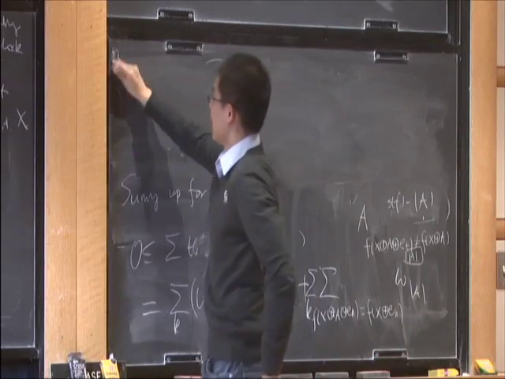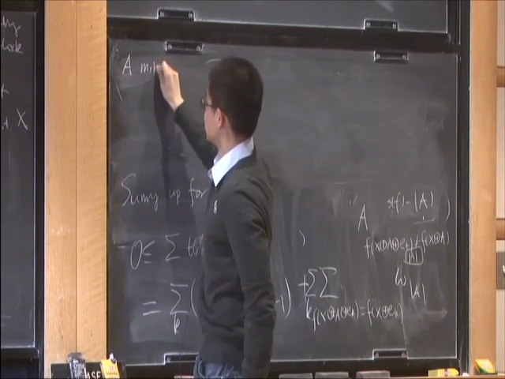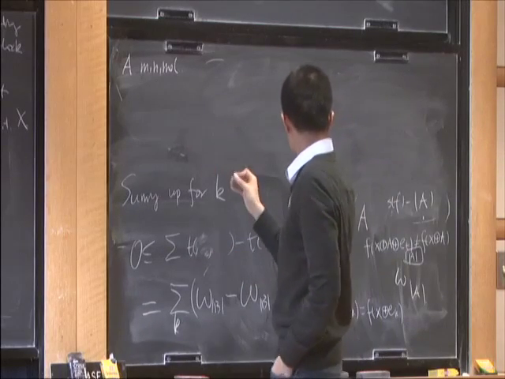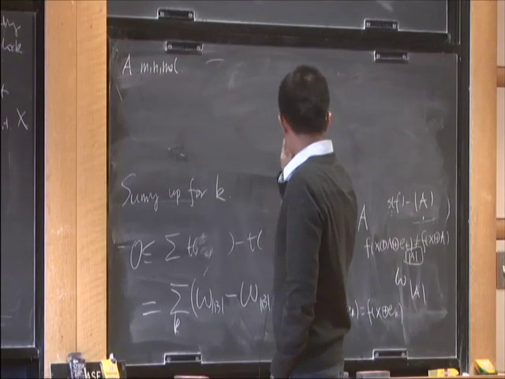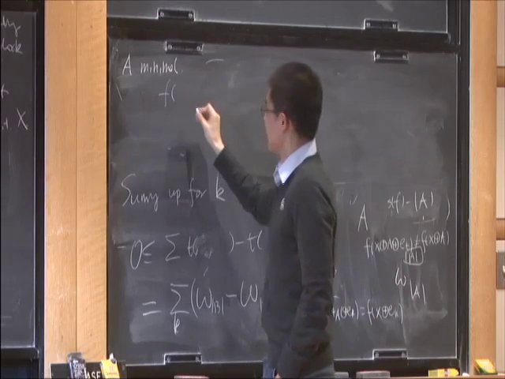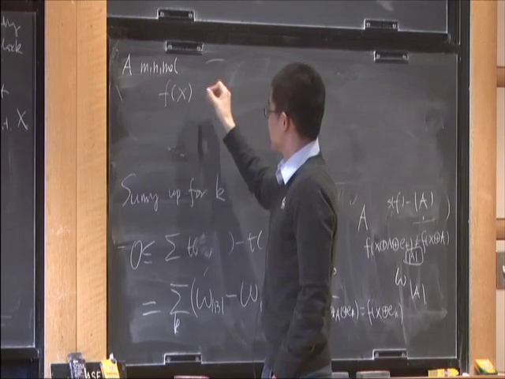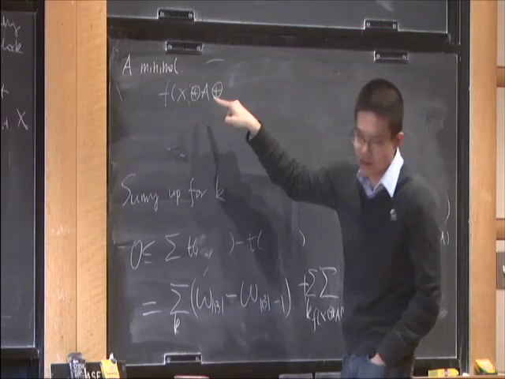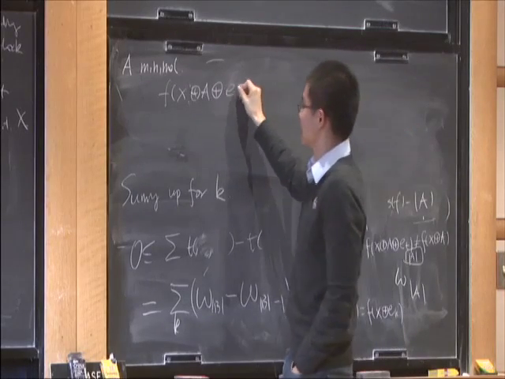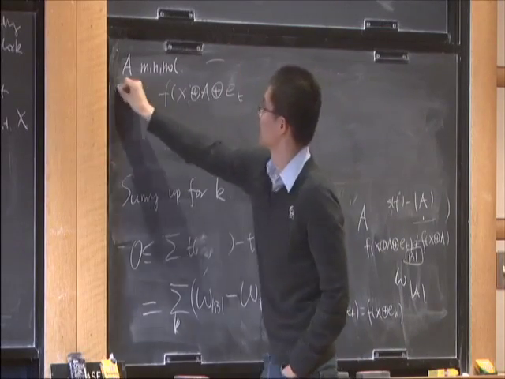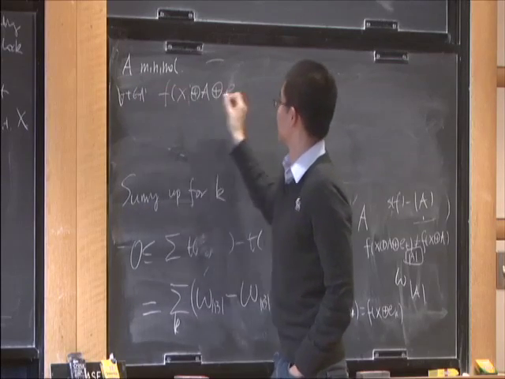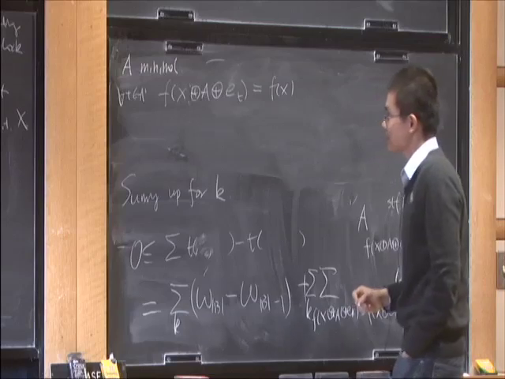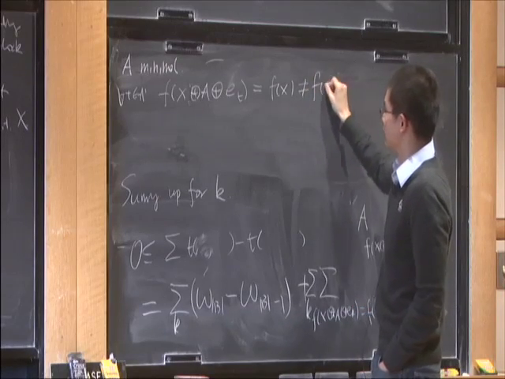We know that A is minimal for X. So F of S plus A, plus some, well, plus is the same as minus, right? Plus some e_T. So for any T belonging to A, this is not equal to F of S.